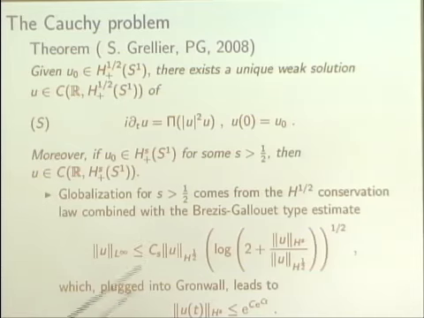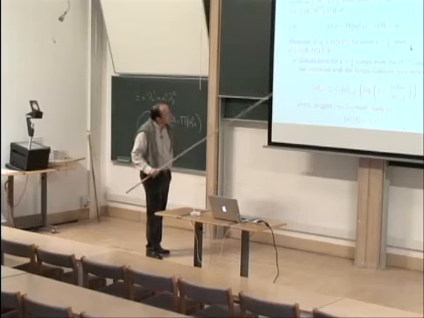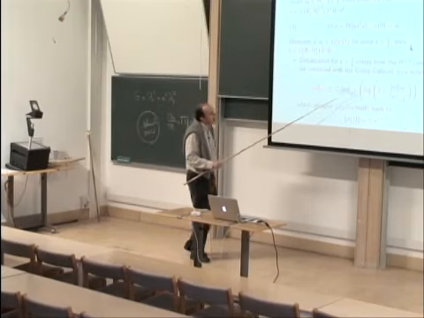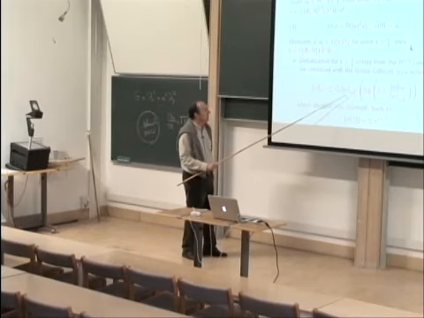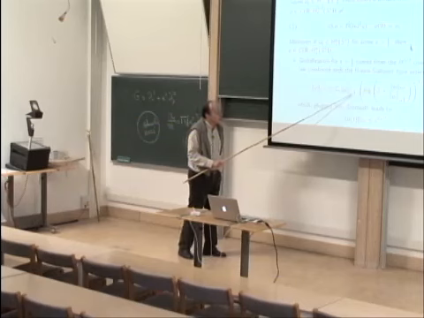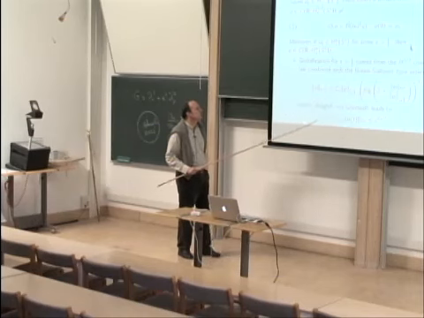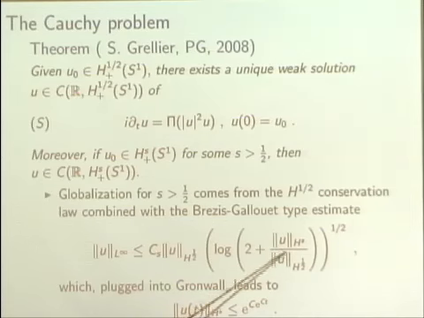And the idea is in fact an old idea which at least goes back to Brézis-Gallouët in the beginning of the 80s, which is an estimate of the L infinity norm by the H^{1/2} norm times some logarithm of the H^s norm, to the 1/2. So that's a strange estimate. You pay a little bit for the fact that H^{1/2} is not contained into L infinity by the presence of this H^s norm, but only through some square root of a logarithm.